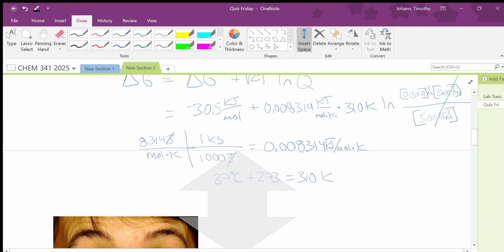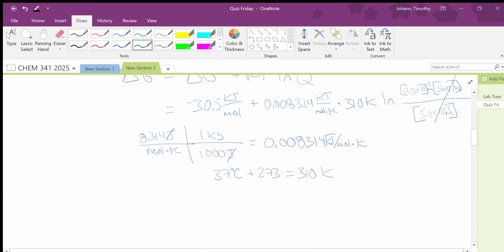All right, so those cancel like that. So now I really need a calculator, or maybe Google can do that too. All right, let's try that. We're going to see what Google can do here. So what we want now is to take 0.008314, right? Times 310 Kelvin, times the natural logarithm.